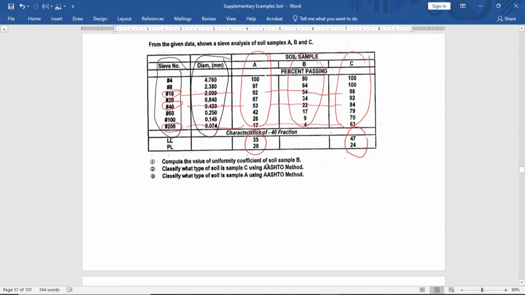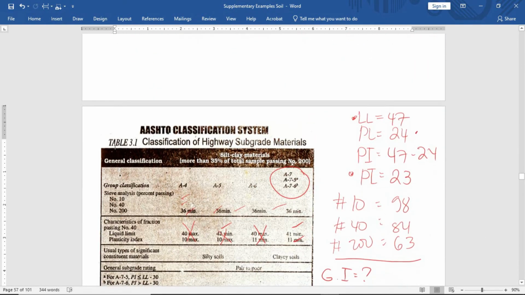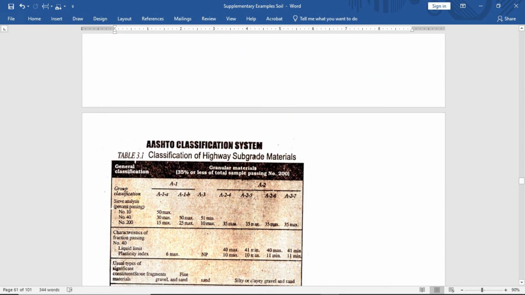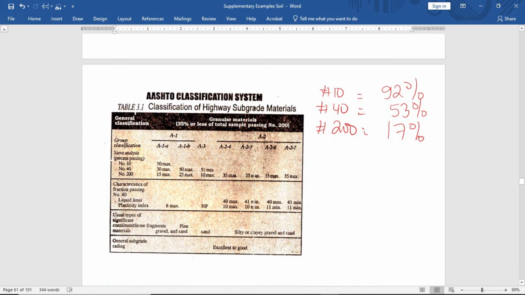Yung number 10 is 92, number 40 is 53, and number 200 is 17%. So, lesser than 35, ito yung gagamitin natin.